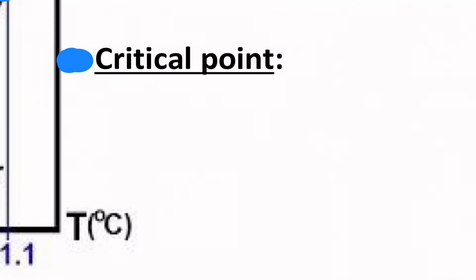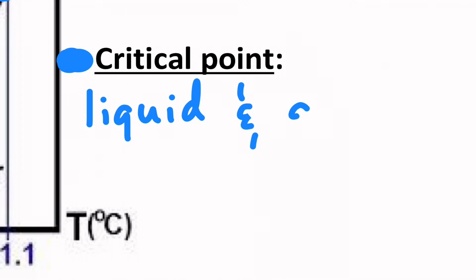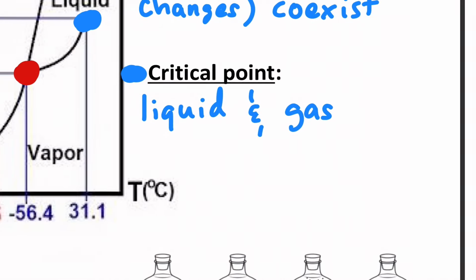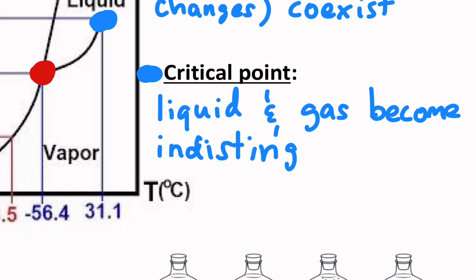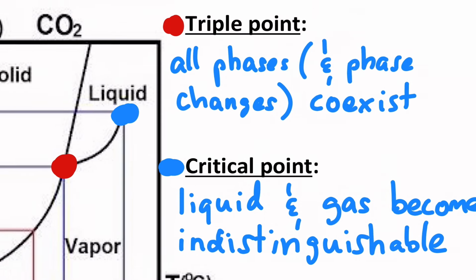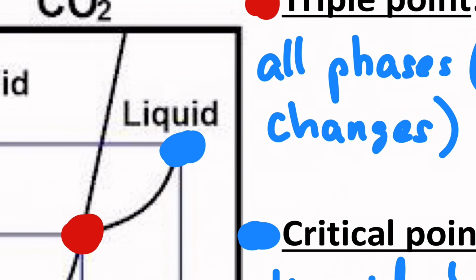The critical point is where the liquid and gas become indistinguishable. And it's not really the point that I care about, but it's the beginning of every temperature that's greater than this and every pressure that's greater than this.